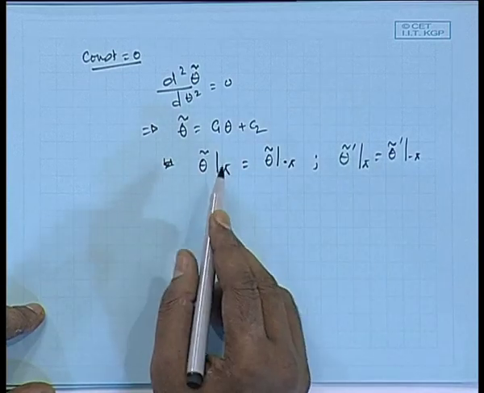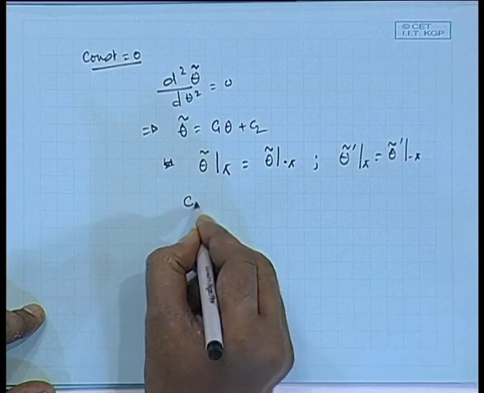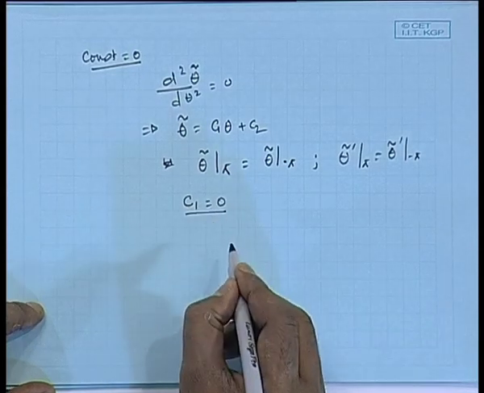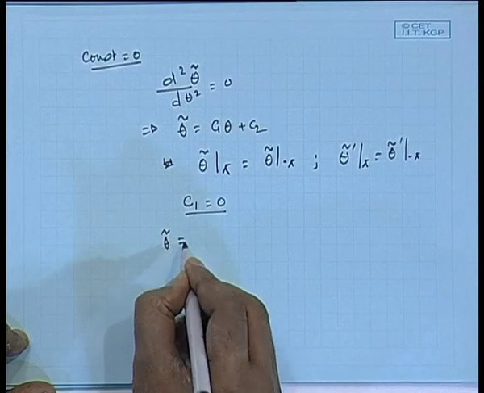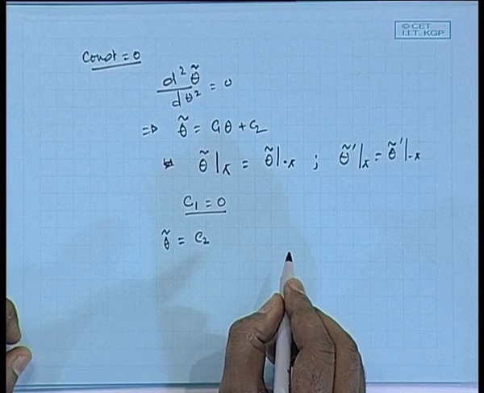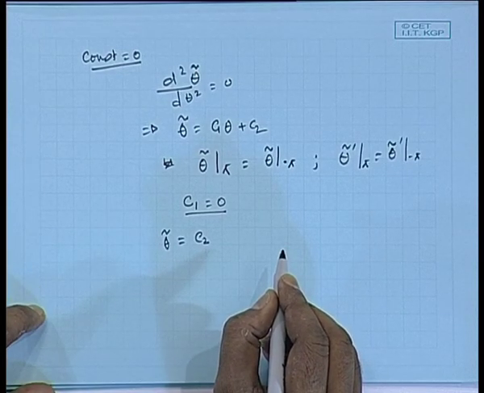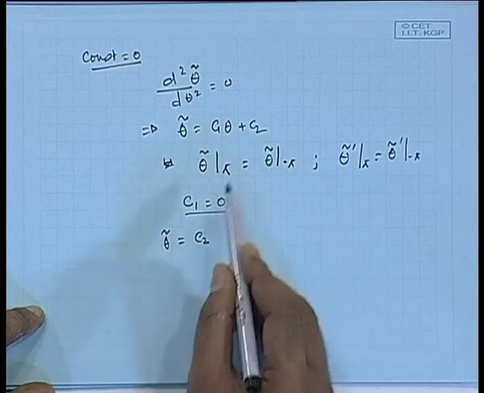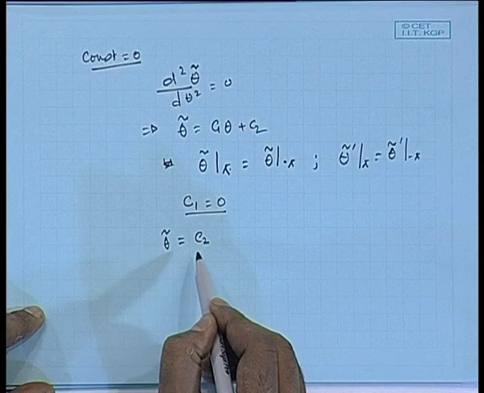Okay. Now, if you use all these boundary conditions, you will get C1 is equal to 0. If C1 is equal to 0, your theta hat becomes C2. Okay. Now, C2 is a non-zero constant. You can utilize both the boundary conditions and finally conclude that theta hat is equal to C2.